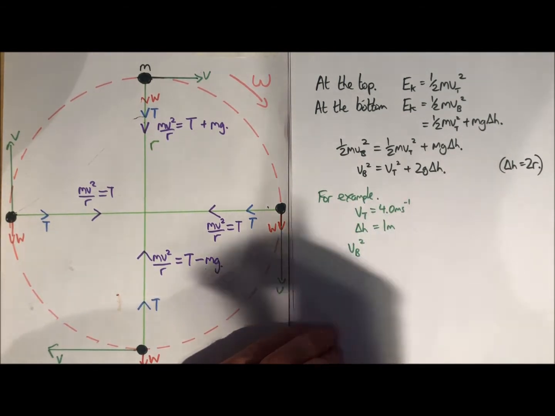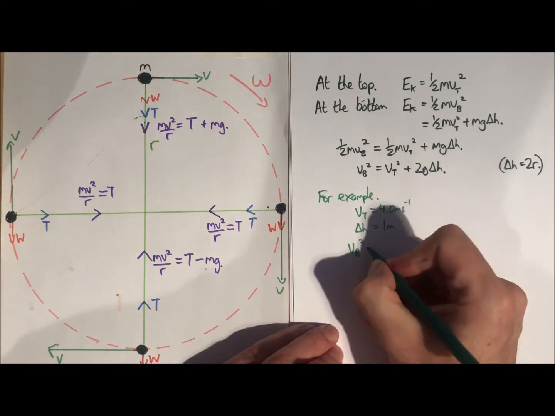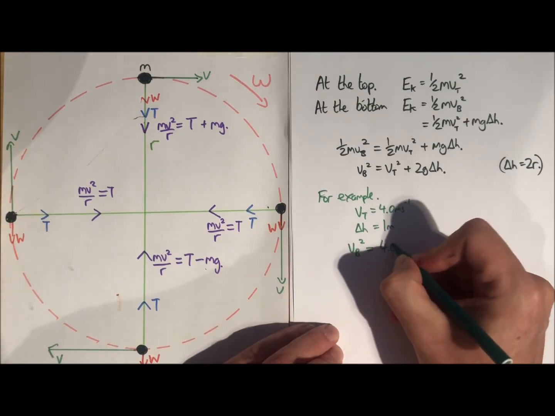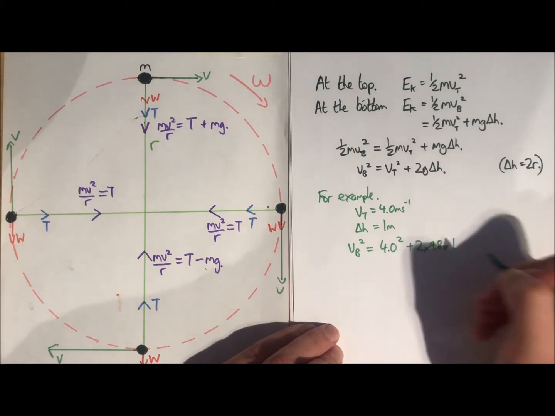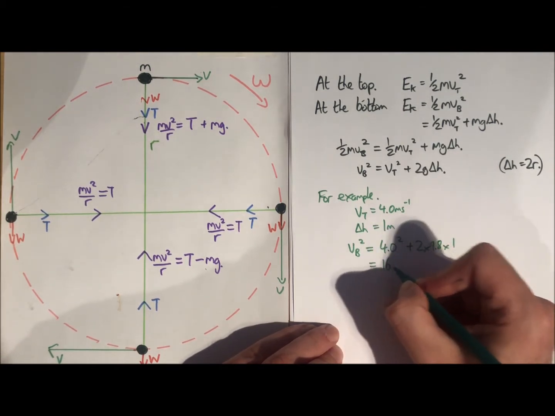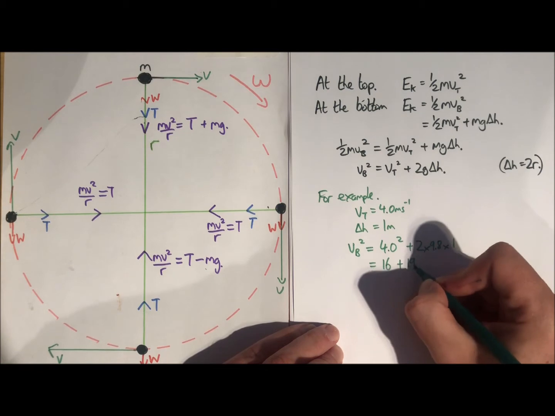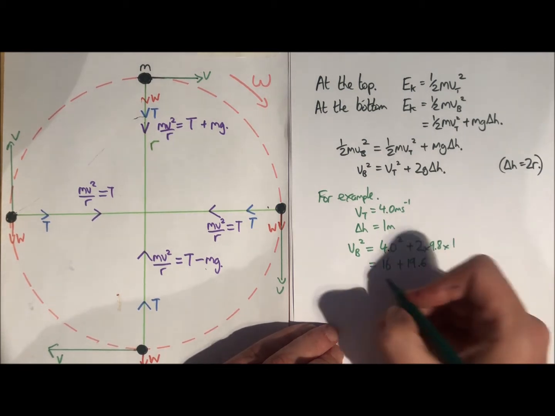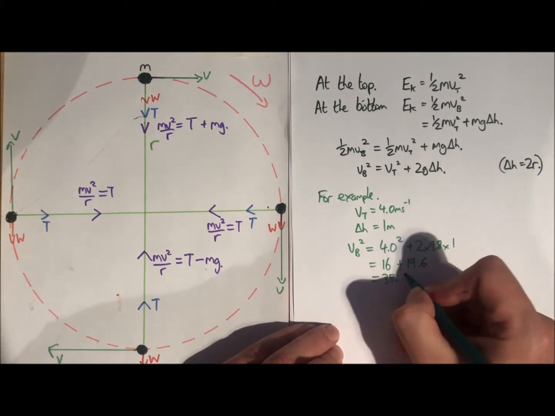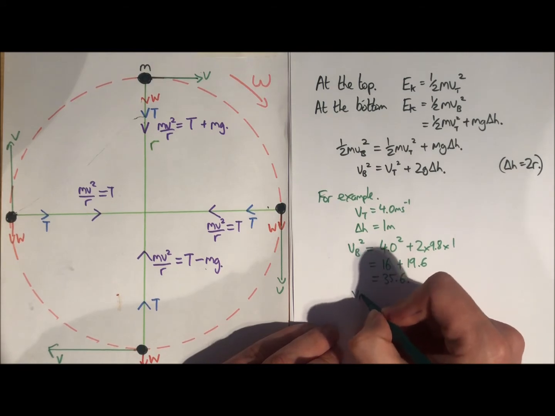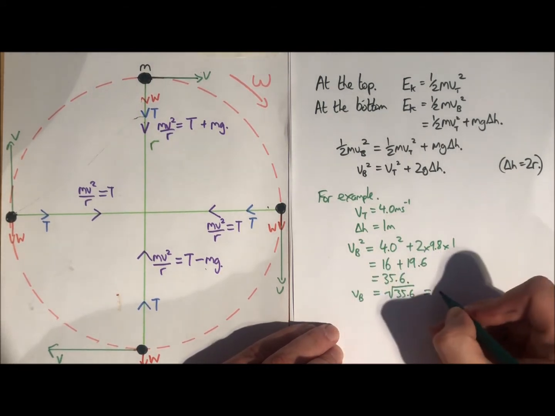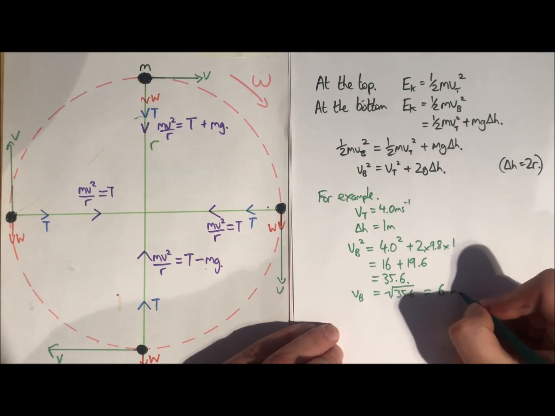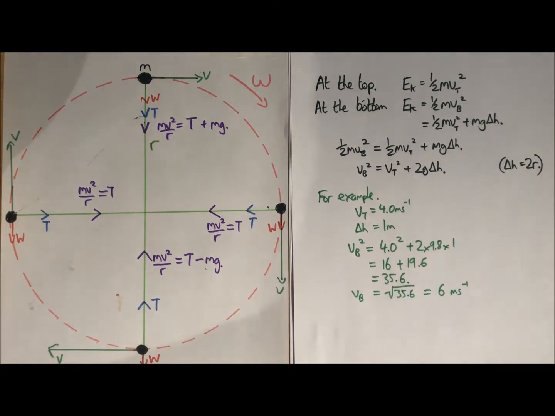So velocity at the bottom squared will be 4 squared plus 2 times 9.8 times 1, which is 16 plus 19.6, which is 35.6. So velocity at the bottom is the square root of 35.6. That's pretty close to 36, so let's just round it up and call that 6 meters per second.